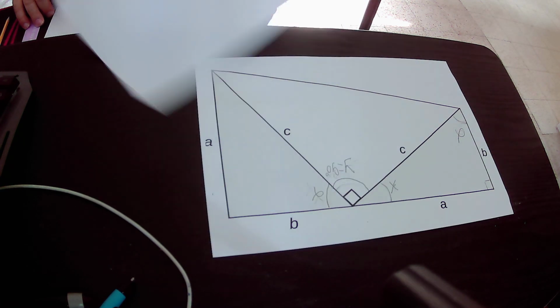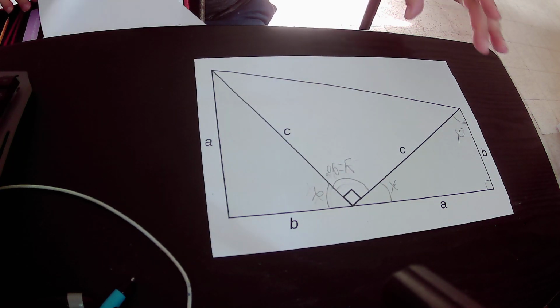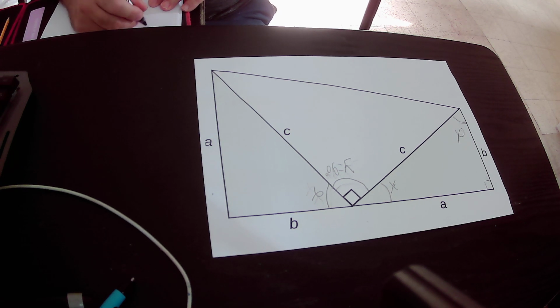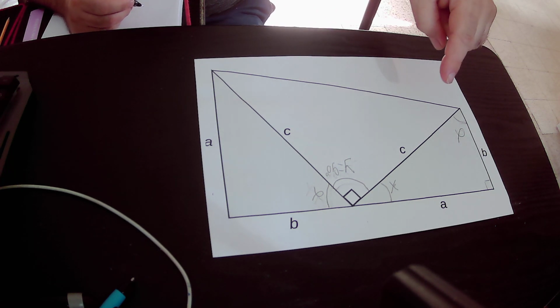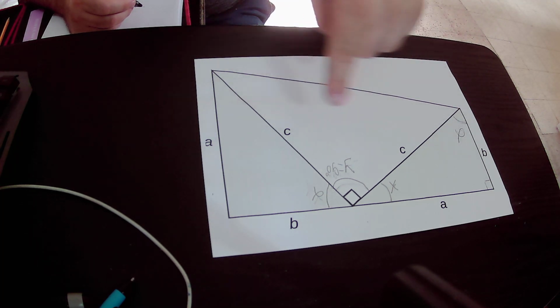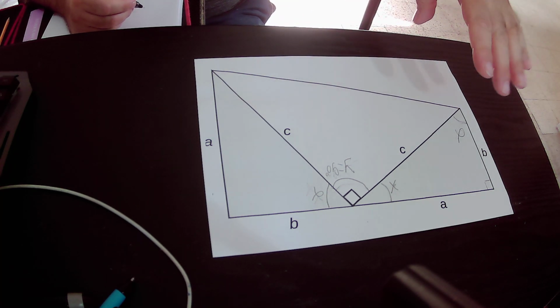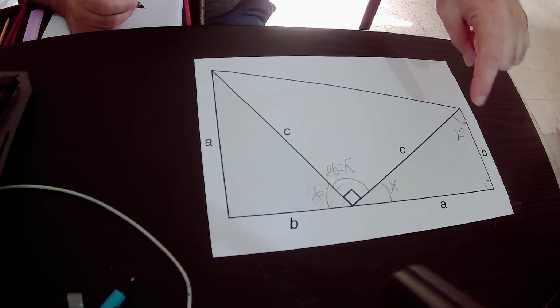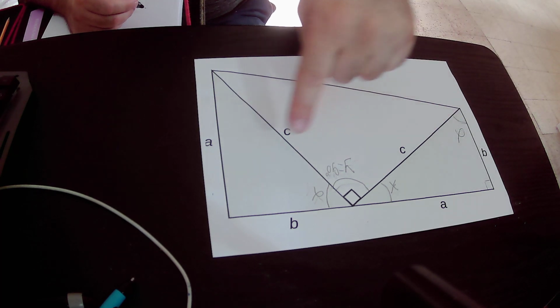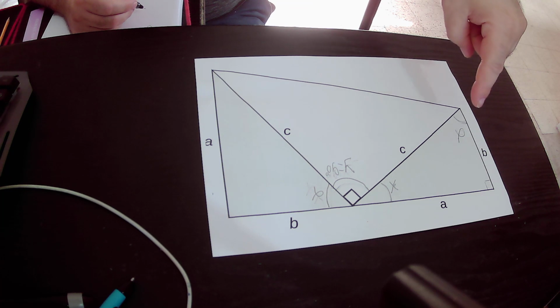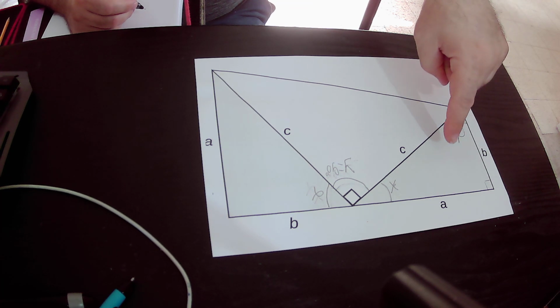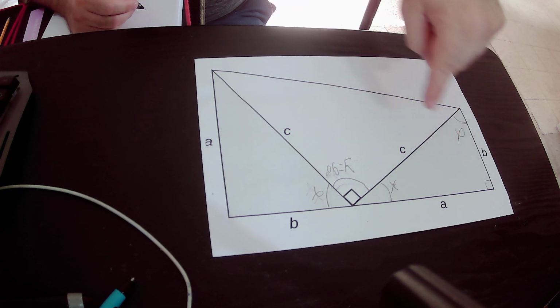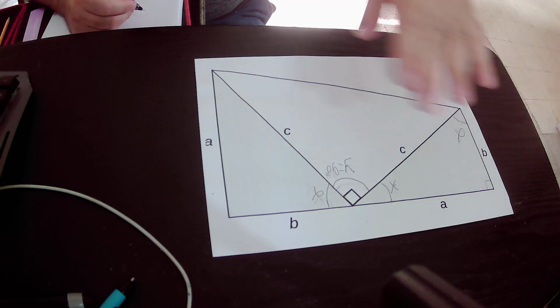And the second way to calculate the area of this trapeze is by saying that the area equals the sum of the areas of the three triangles that the trapeze contains.